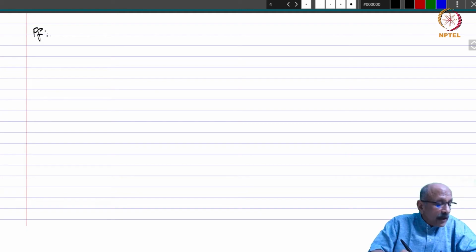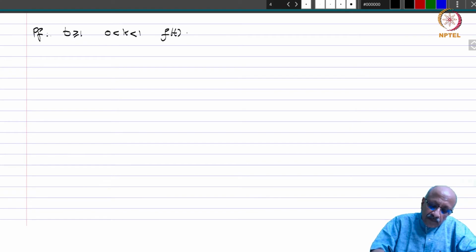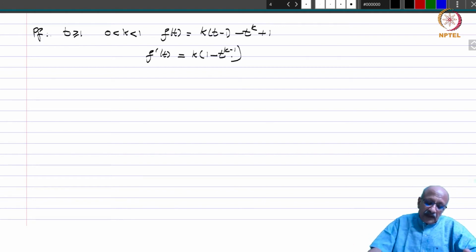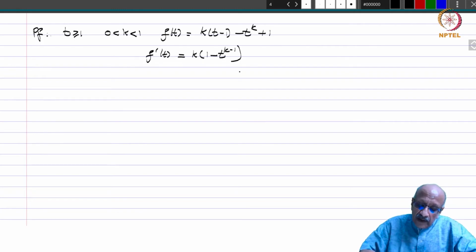Okay, so let t be bigger than or equal to 1 and 0 < k < 1. Look at the function f(t) = k t - 1 - t^k + 1. Then what is f'(t)? This is nothing but k(1 - t^(k-1)). Since t is bigger than or equal to 1 and k is less than 1, this is greater than or equal to 0.